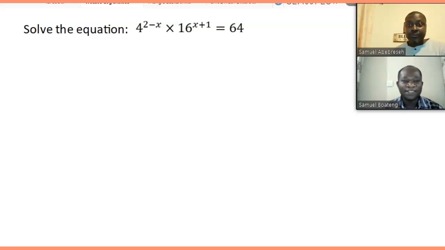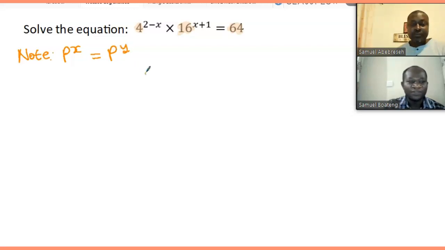First, we have to establish that the indices in the question are in the same base. So, for example, p raised to the power x is equal to p to the power y. When you look at the left-hand side, the base is p. The right-hand side, the base is also p.